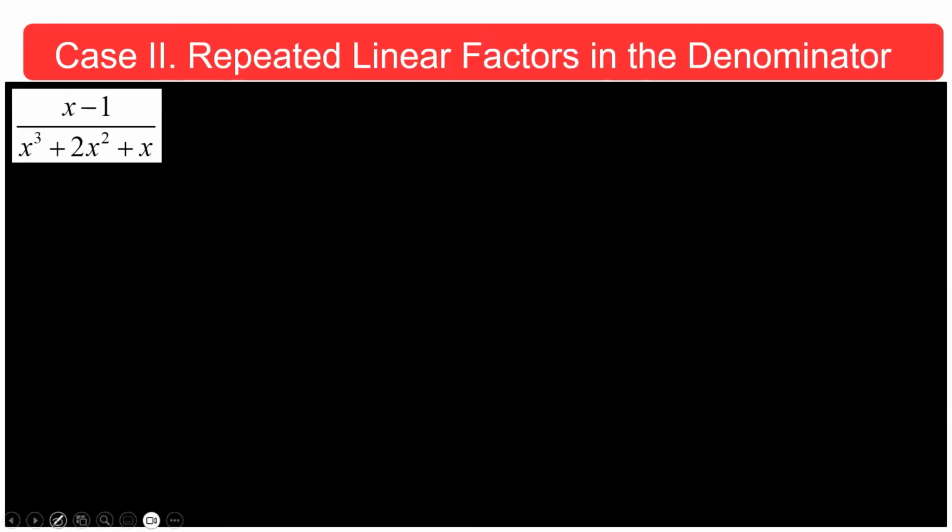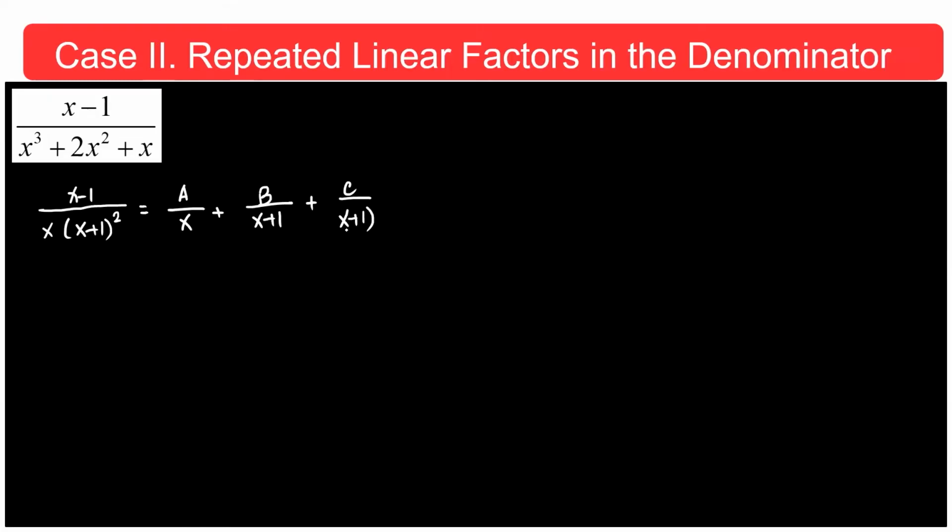So let's try factoring out. It's going to be x minus 1 all over, if I factor out x, it's going to be x squared plus 2x plus 1. So it's going to be this one. You can't cancel out anything. Okay. So it's going to be a over x plus b over x plus 1, c over x plus 1.